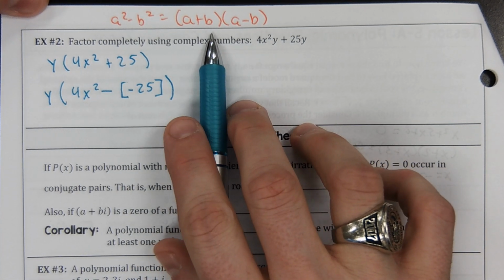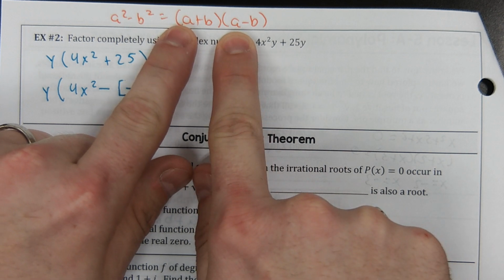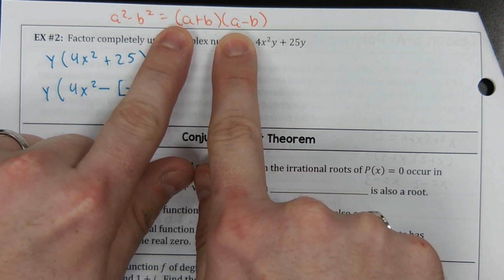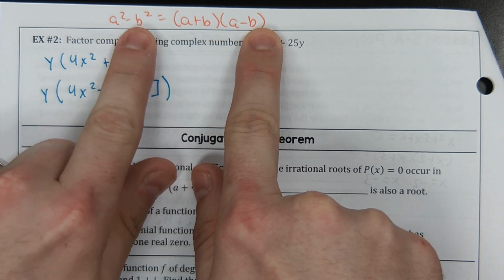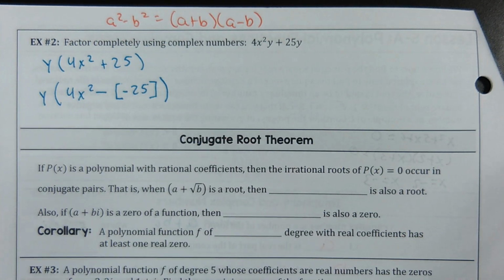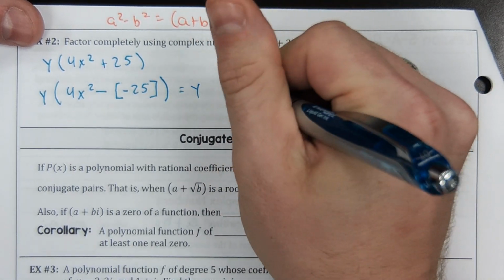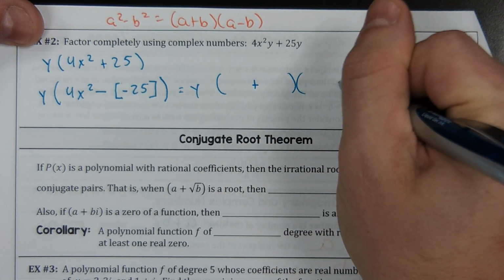Notice when you factor this way, both these parentheses have the square root of the front, and they both have the square root of this at the back. One has a plus and one has a minus. So here's the y, here's my parentheses. One has a plus, one has a minus.